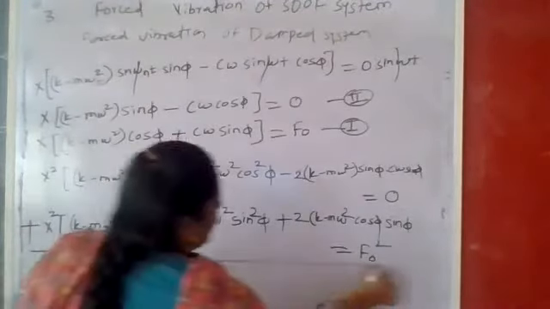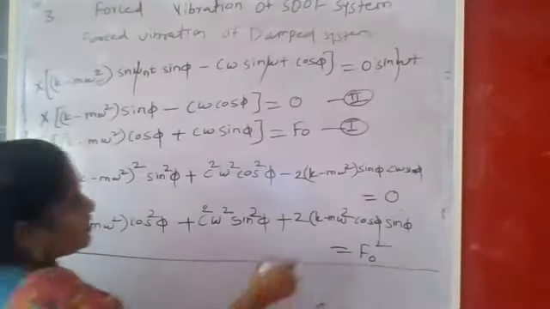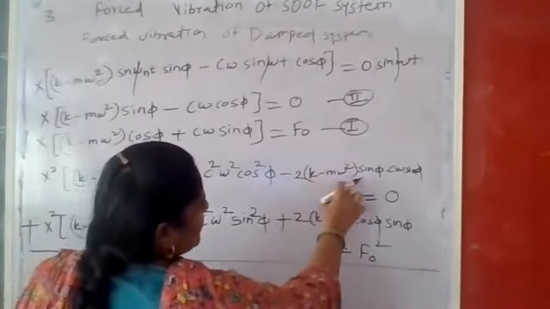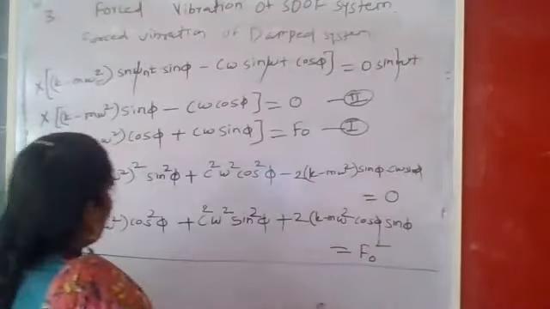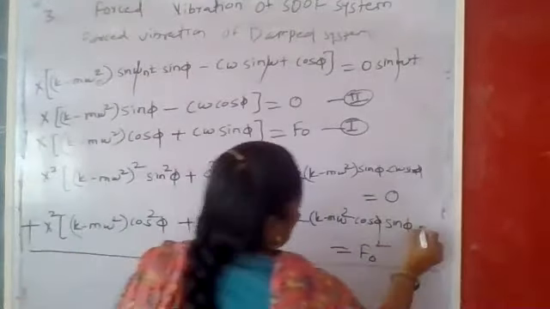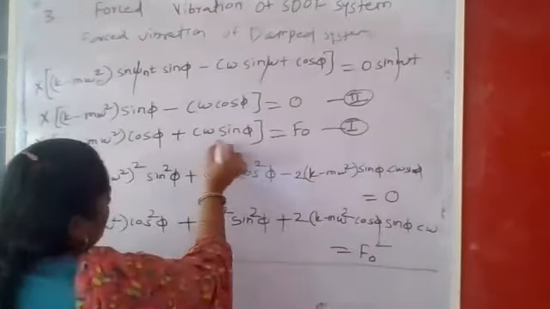Based on this, if we take the squaring and adding of both the equations, you can see this minus 2 (k minus m omega square) sin phi into c omega into cos phi, and here also again there is a c omega for the second condition.